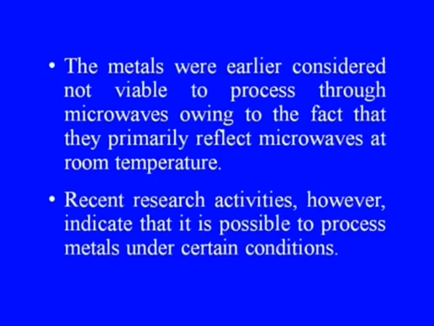Metals were earlier considered not viable to process through microwaves owing to the fact that they primarily reflect microwaves at room temperature. However, recent research activities indicate that it is possible to process metals under certain conditions. All these aspects we will discuss later on.